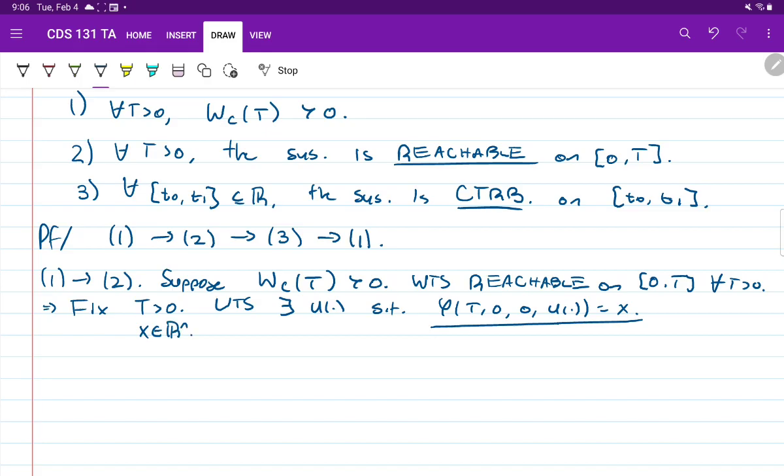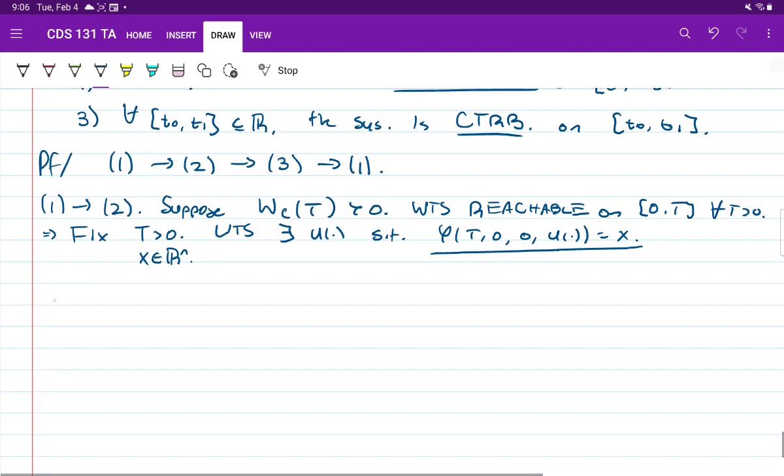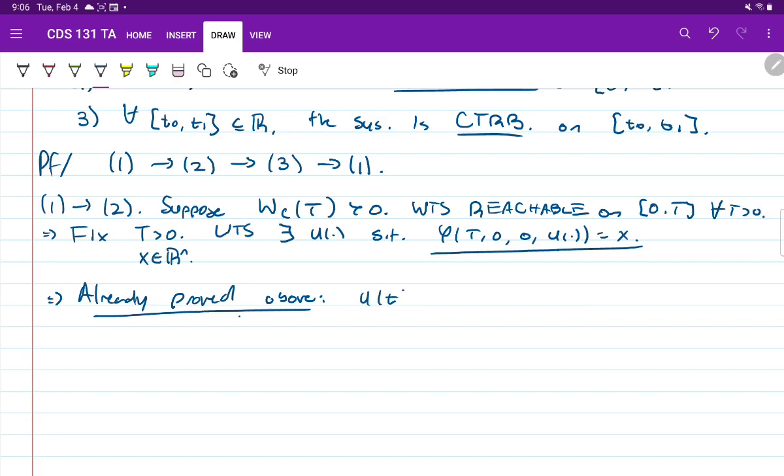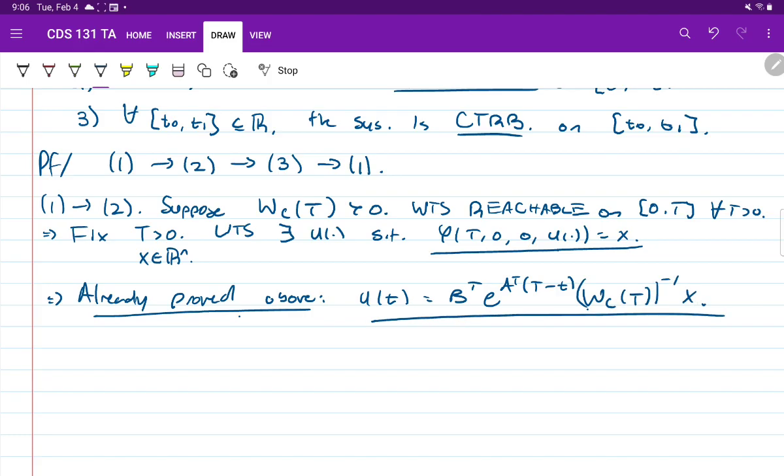The nice thing is this is basically what we already proved above. What we showed is that if we pick the input signal u(τ) = B^T e^{A^T(t-τ)} W_C(t)^{-1} x, then you get to this desired state x precisely at time t.